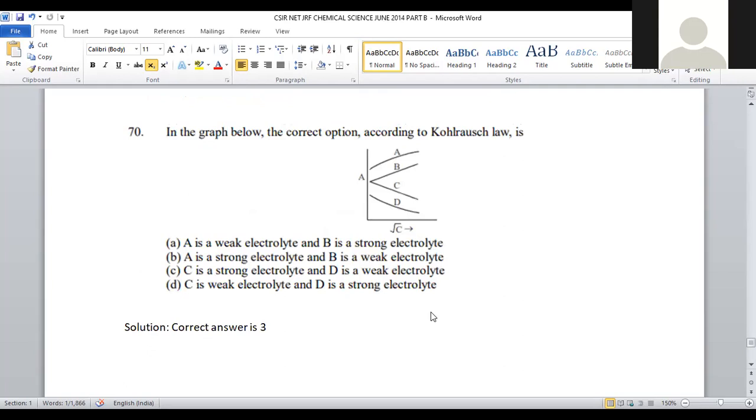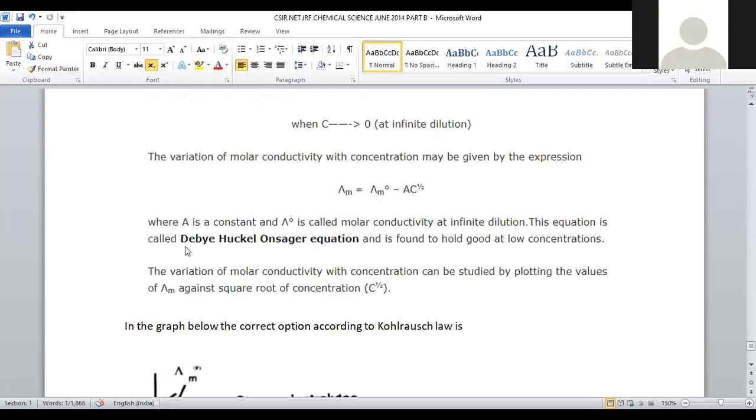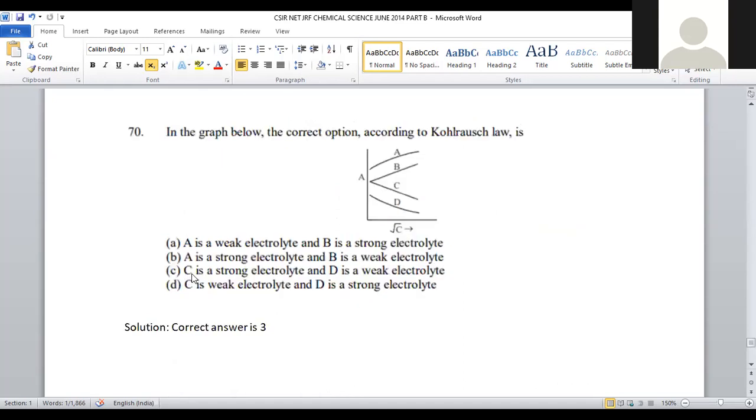So we apply Kohlrausch law to strong and weak electrolytes, and it is known as the Debye-Huckel-Onsager equation, right? So in accordance with it, a straight line is said to be a strong electrolyte, and a curvature is said to be a weak electrolyte. C corresponds to strong electrolyte, D corresponds to weak electrolyte. That is provided in option number C. For question number 70, option number 3 is the correct answer.